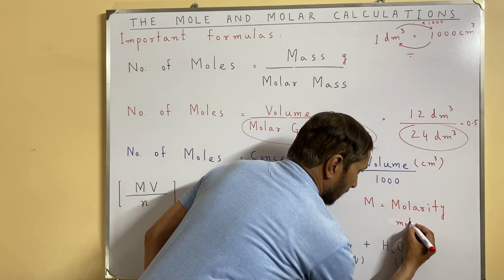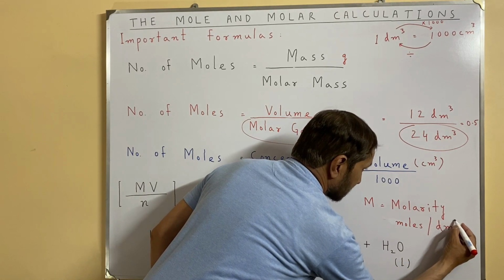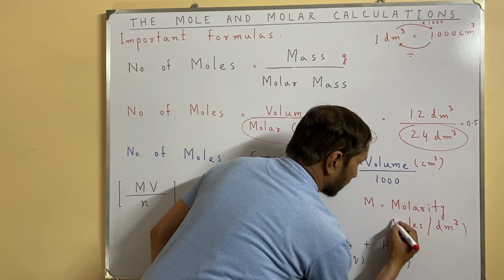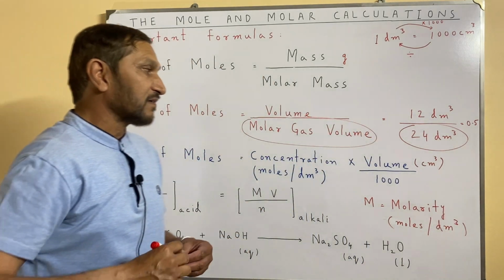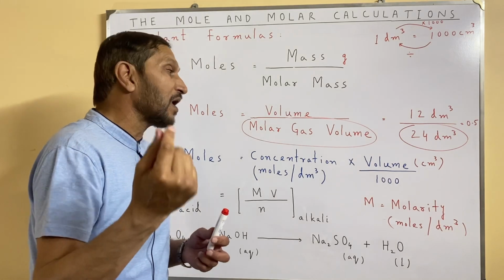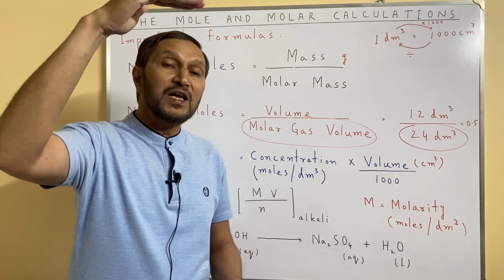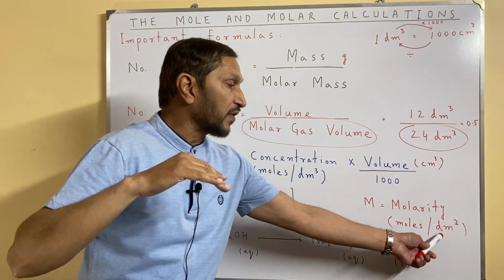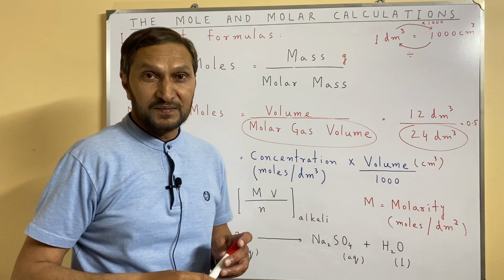For instance, if we take 1 mole of sodium chloride and make a solution up to 1 liter, up to 1 cubic decimeter, then the molarity will be 1 mole per cubic decimeter.